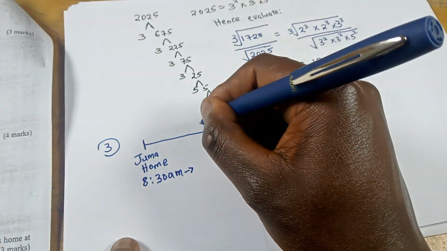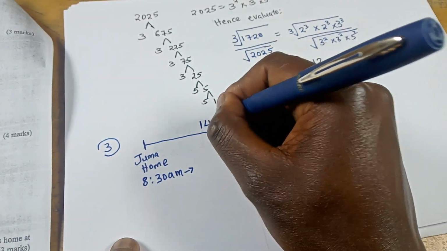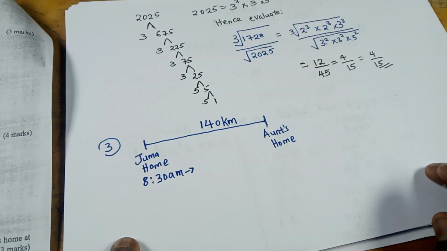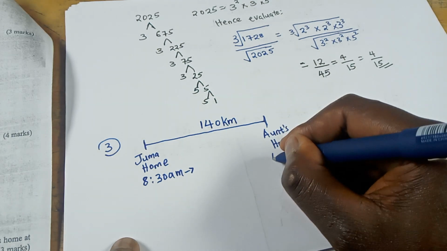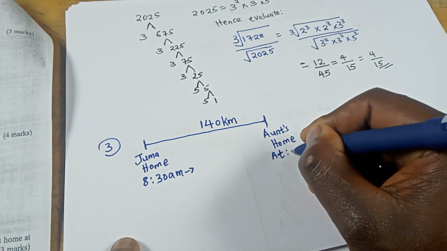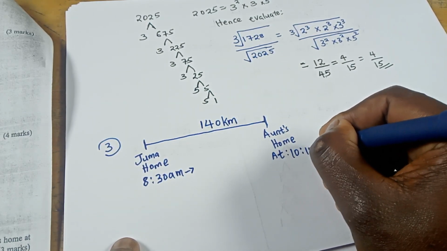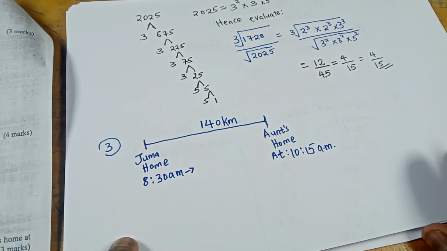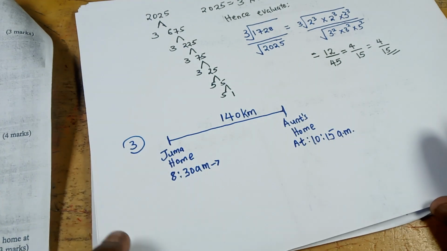He drove a distance of 140 kilometers and arrived at his aunt's home at 10:15. The arrival time here is 10:15 a.m. So we are supposed to determine the speed.